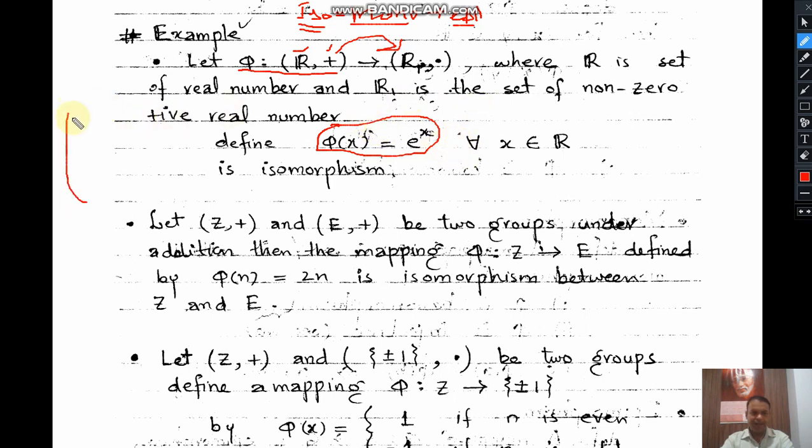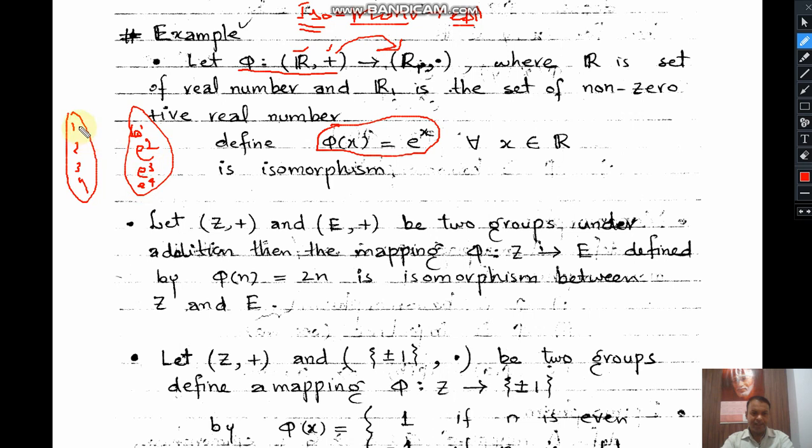Let us suppose I am taking some real numbers 1, 2, 3 and 4, and in the other set we find e to the power 1, e to the power 2, e to the power 3 and e to the power 4.